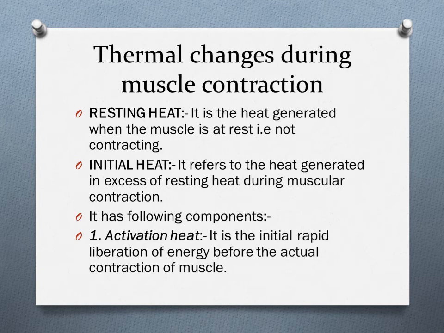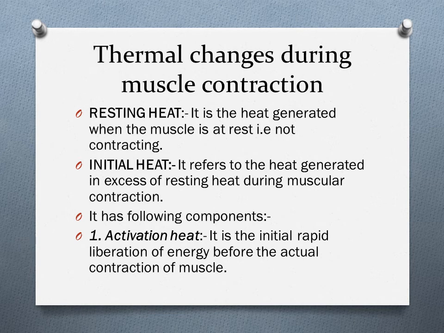Now coming to thermal changes during muscle contraction. The thermal changes in the muscle during different phases of contractions are the resting heat. What is resting heat? It is the heat generated when the muscle is at rest, that is not contracting.